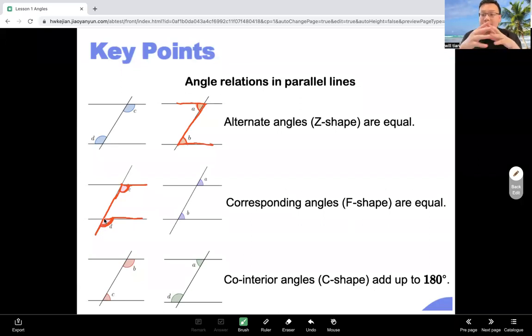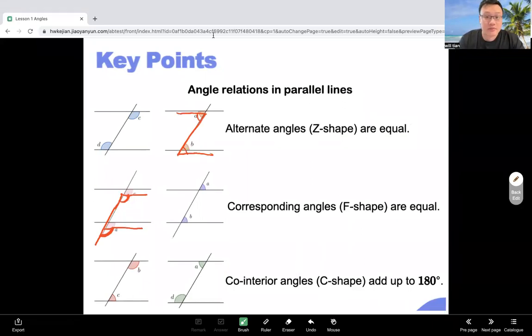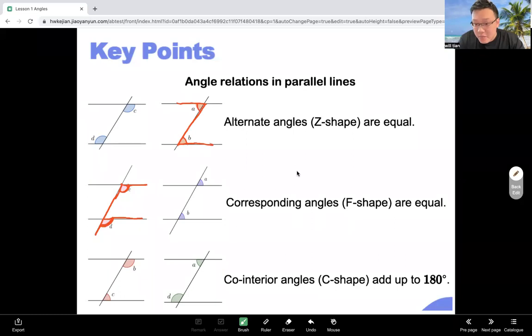So when you have two parallel lines, the alternate angles, which look like a Z shape, are equal, and for the F shape you also have two angles that are equal, and we call those corresponding angles.